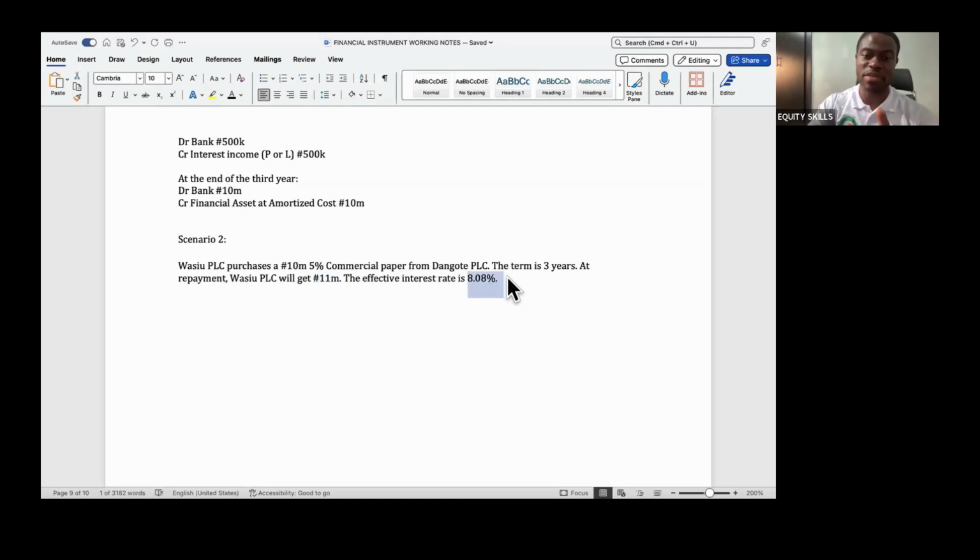And this 8.08% means that it has already accumulated the 5% you're making and also the extra 1 million. Now it has converted it to a rate for you. Good for you. They will give you that in the exam. In real life, nobody will give it to you. You have to determine it yourself.